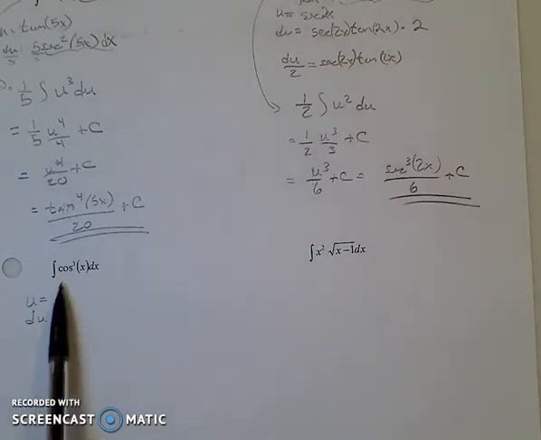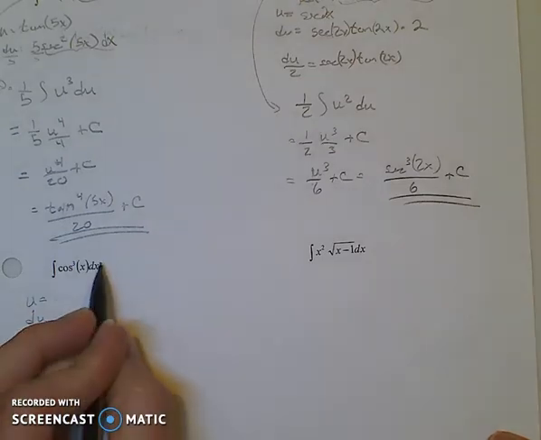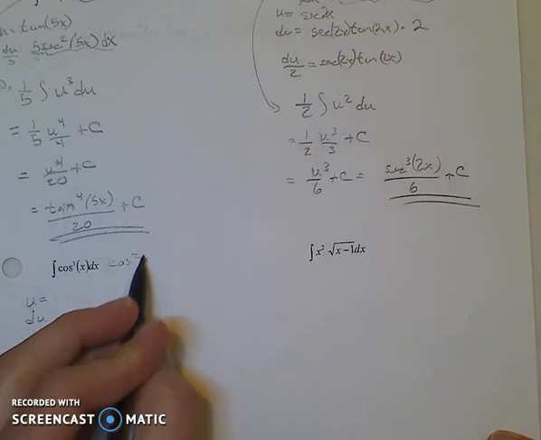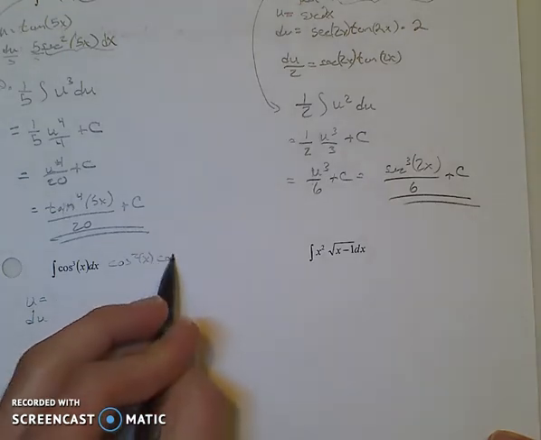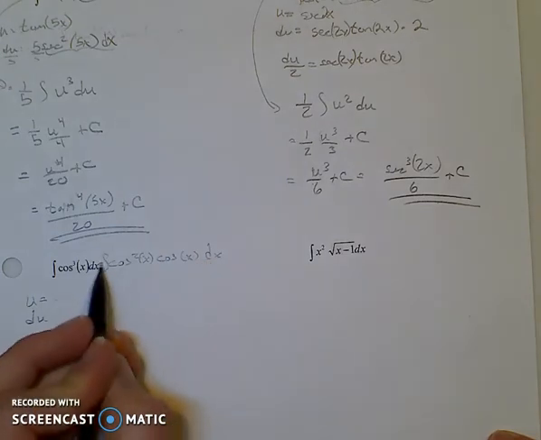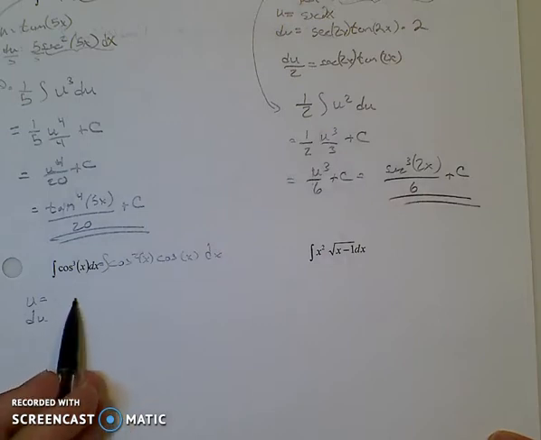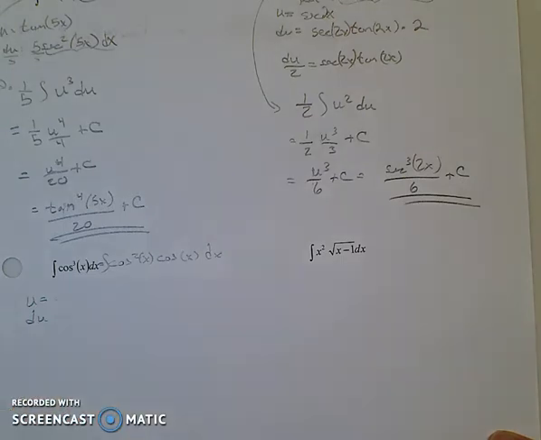So again, we sit here and think, how can we break this up? Well, we're going to break it up into probably the only way we know how, cosine squared x times cosine x. And so we sit there and go, okay, if we know we need a sine x, we know u has to be cosine x, or we think that at least, what can we do here?